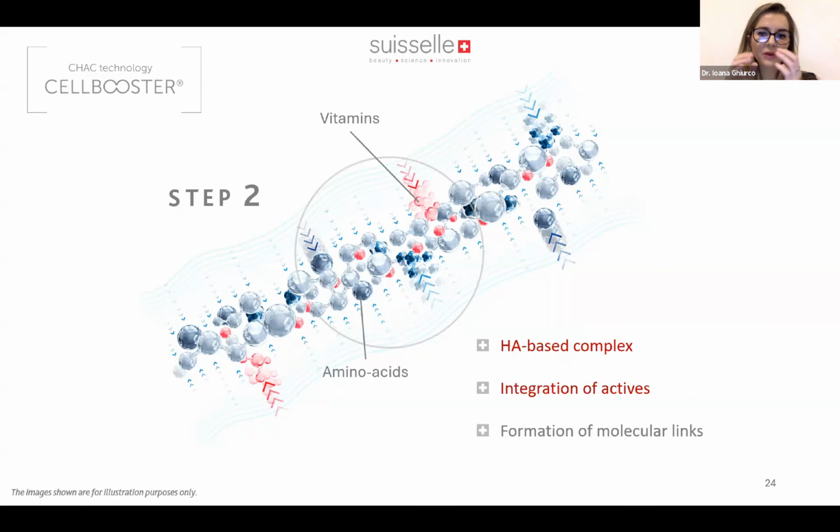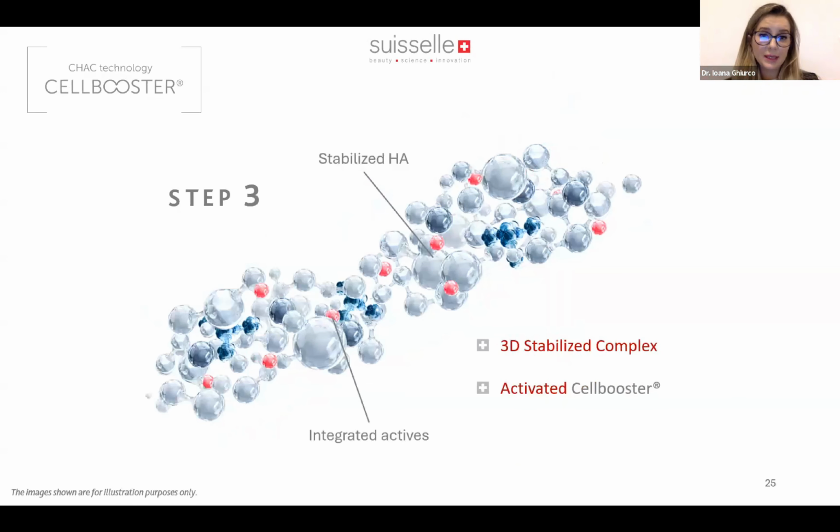There will be some molecular links that will form, and in a final step, once we remove this external pressure, the hyaluronic acid molecule will compact, and what we will obtain is a three-dimensional stabilized complex. And in the next slide, we will see a video of all this process, exactly what I explained to you.